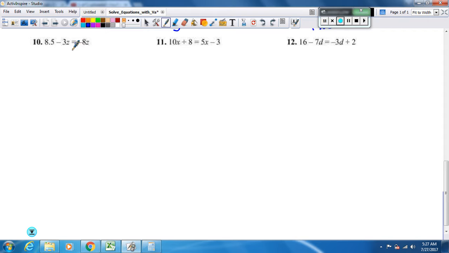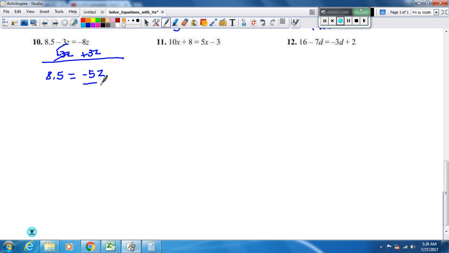This next one, I don't want to move the negative 8z because that leaves me with nothing. So I will move a negative 3z. The opposite of negative 3z is positive 3z. I'm going to add 3z to both sides. So I get 8.5. Opposites cancel, equals negative 8 plus 3 is a negative 5z. Okay, this is negative 5 times z.